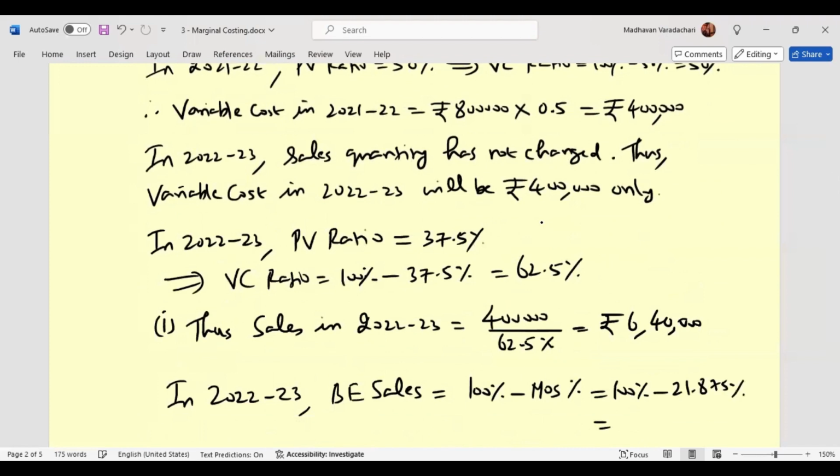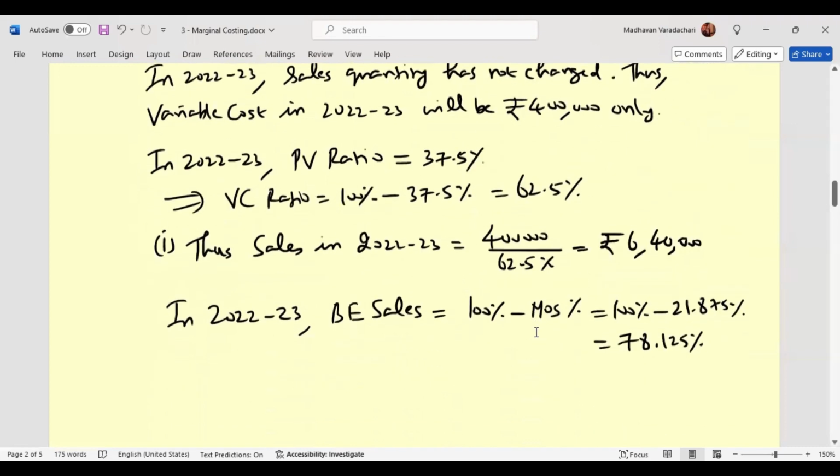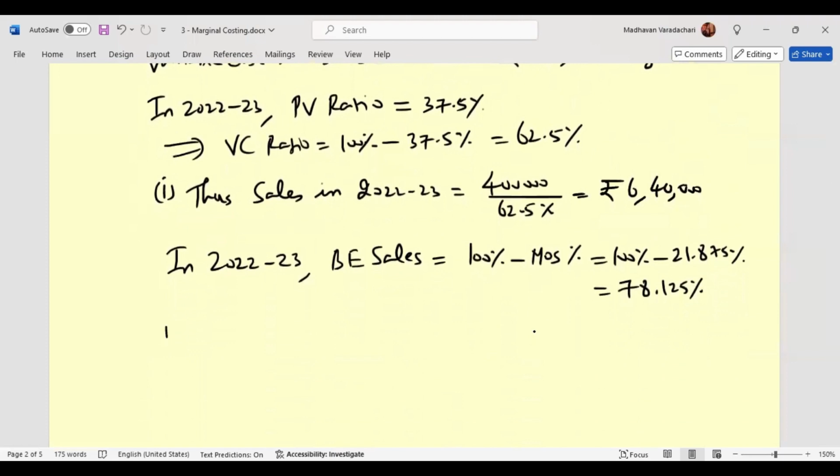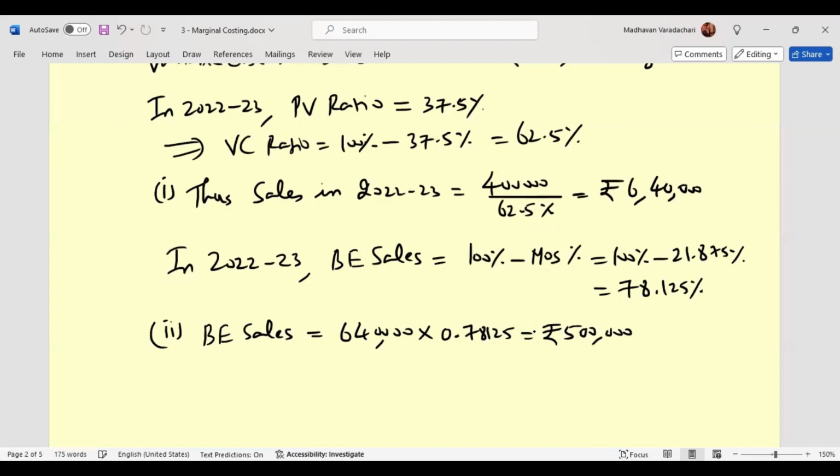So that will give us 78.125%, which means for our second question, break-even sales will be 6,40,000 multiplied by 0.78125. If we calculate, we will get 5 lakhs as the break-even sales.